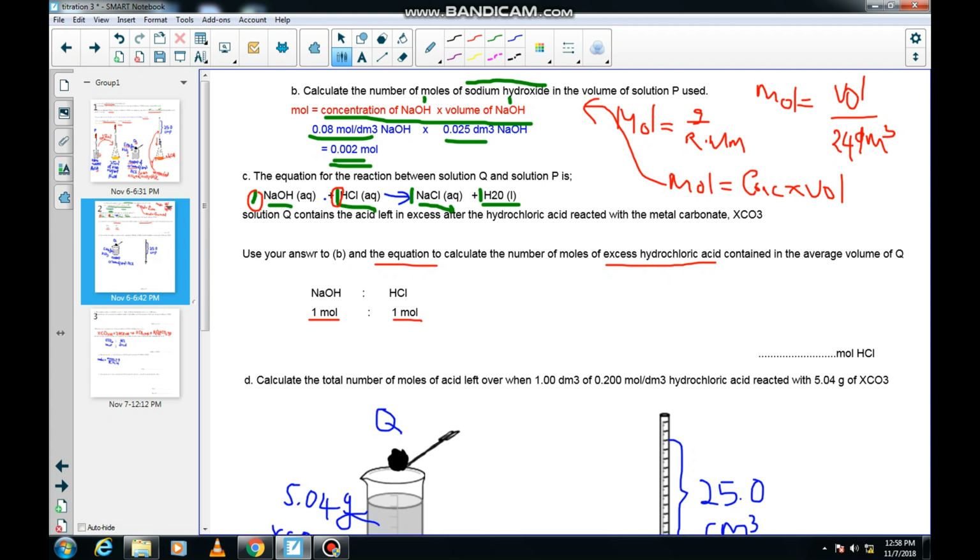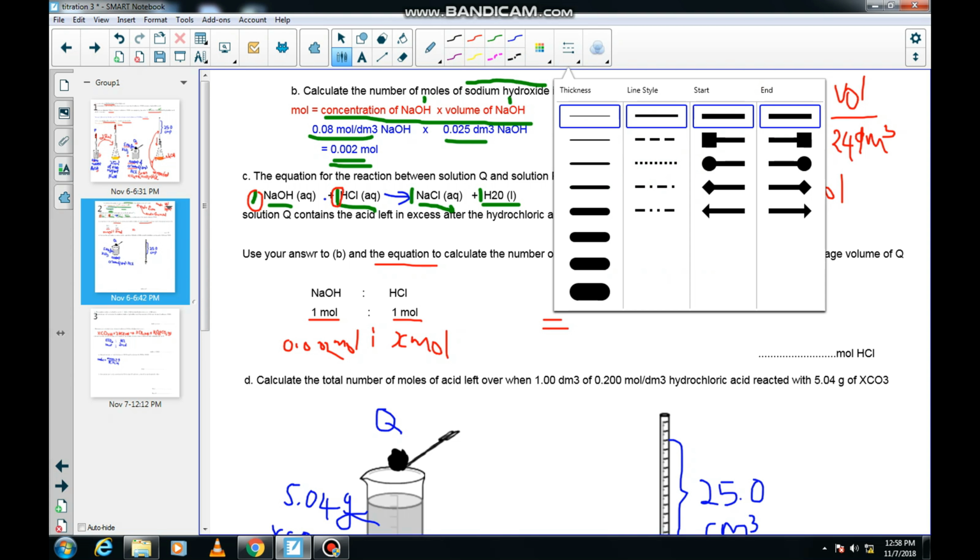And if these two substances react in this ratio, how many moles then of hydrochloric acid will react with 0.002 moles of sodium hydroxide? Carry out cross multiplication.